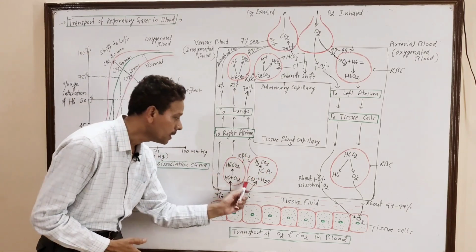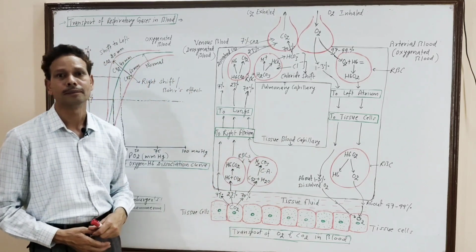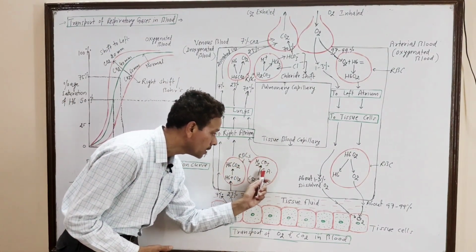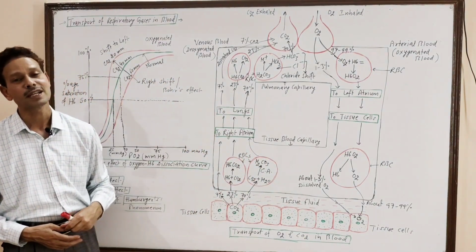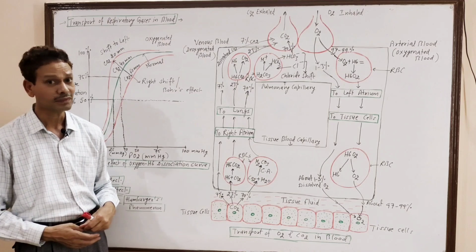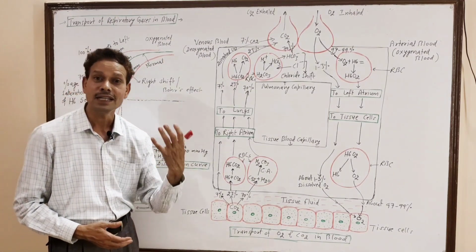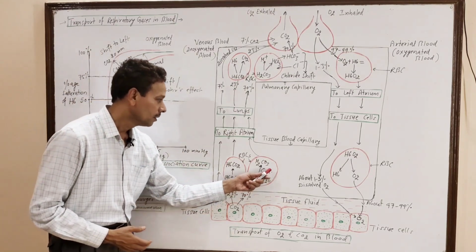Here in RBCs, this CO2 interacts with a water molecule, and this reaction is catalyzed by the enzyme carbonic anhydrase, which is the fastest enzyme. Its turnover number is 36 million.